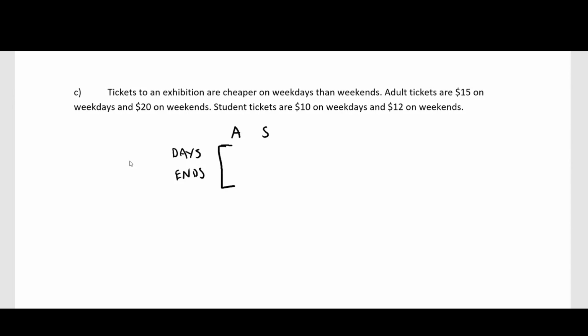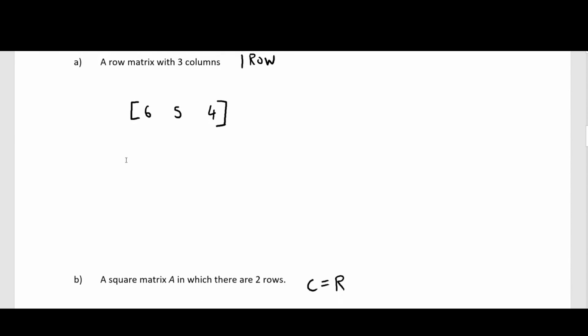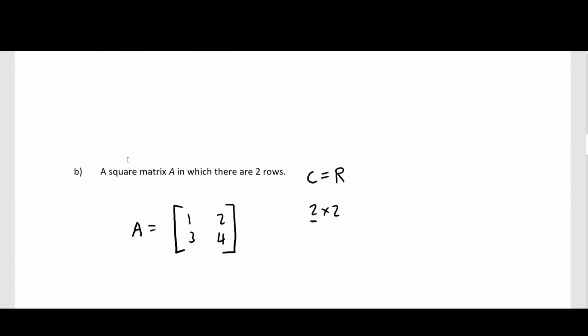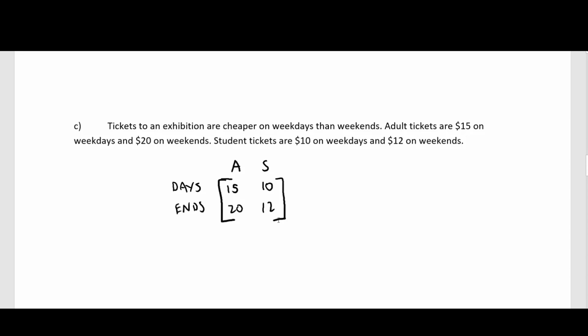Adult tickets are $15 on weekdays and $20 on weekends. Student tickets are $10 on weekdays and $12 on weekends. Okay, and there is a matrix to signify this situation. What they asked for was to fit the following description, so there it is. It fits our description.